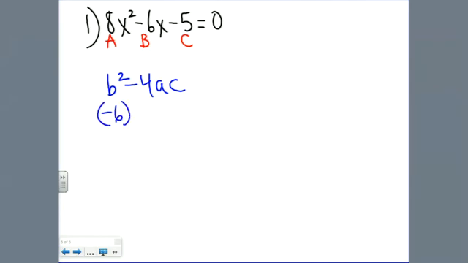We have -6 quantity squared minus 4 times 8 times -5. -6 squared is -6 times -6, that would just be a positive 36. And when we multiply the last three numbers, we'll get a positive 160.